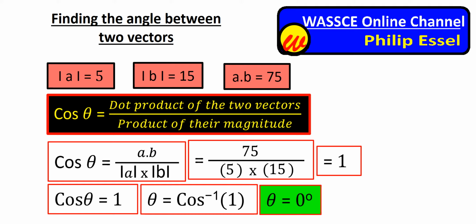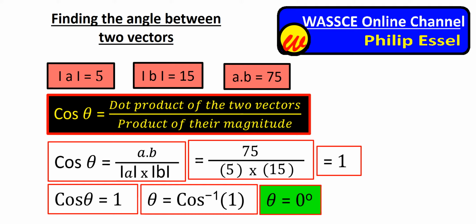Let's note that when two vectors are parallel, the angle between them is 0. What this means is that the vectors A and B are parallel, and we can use this formula to also determine whether two vectors are parallel or not.